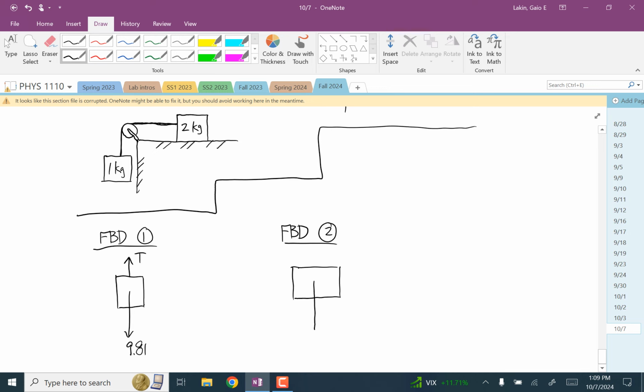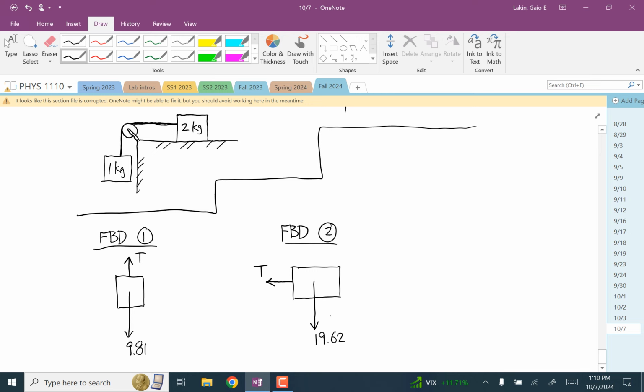There's a weight force of 2 times 9.81, so 19.62 newtons. There's a pulling force from the cable, so parallel to the cable, away from the body. It's the same cable as this one, so this has to be the same variable. And then there's a pushing force and friction force pair at the ground.